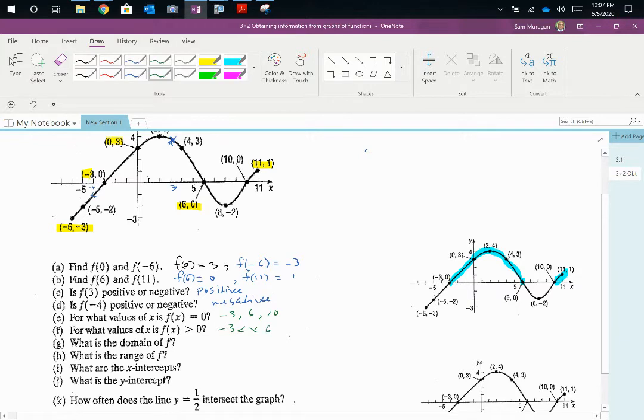No, -3 and 6. And all of the x values between 10 and 11 are positive. Now notice we're describing the interval on the number line on the x-axis when we're talking about y greater than 0. This is y greater than 0, but we're talking about what the x values are for that region. Okay, this is less than 6.